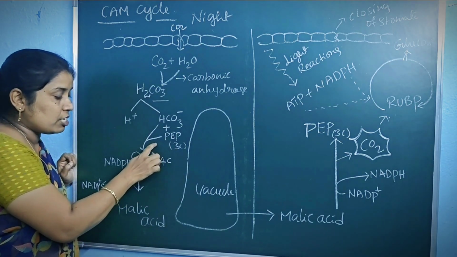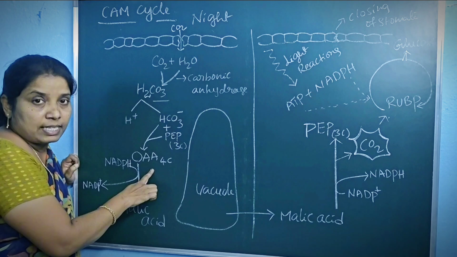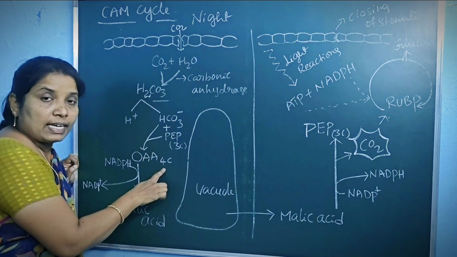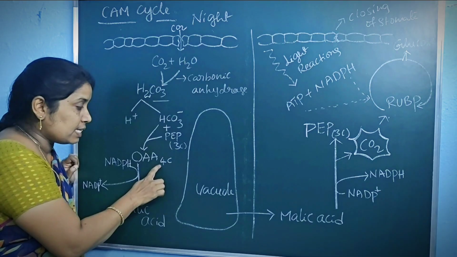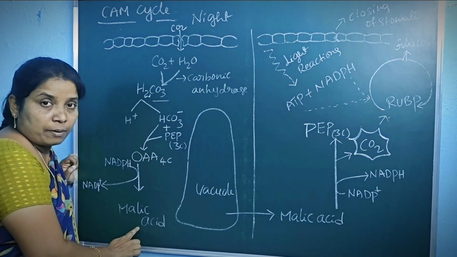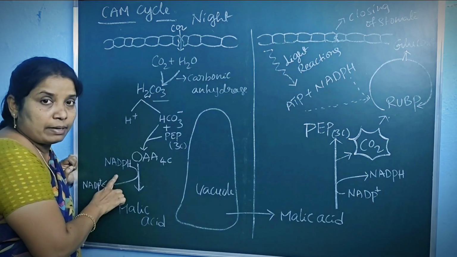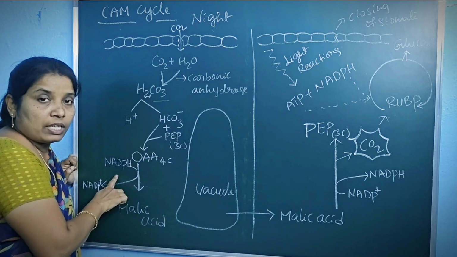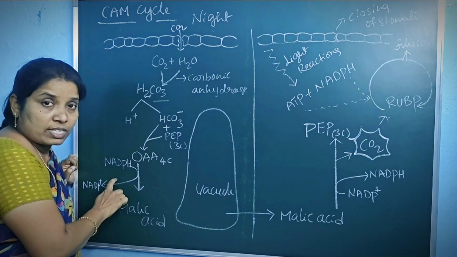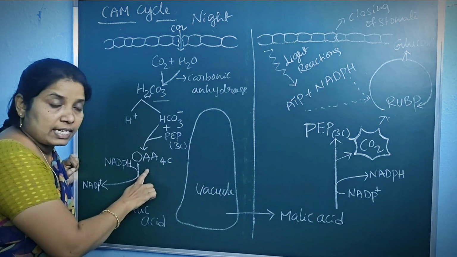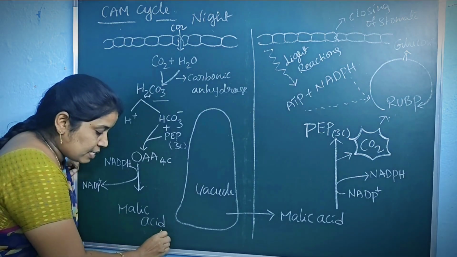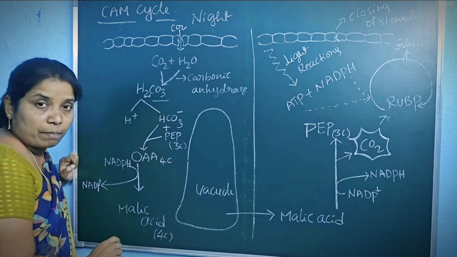Then it converts into oxaloacetic acid, a 4-carbon compound. In the next step, oxaloacetic acid is reduced into malic acid with the help of NADPH, which gets oxidized. Malic acid is also a 4-carbon compound.